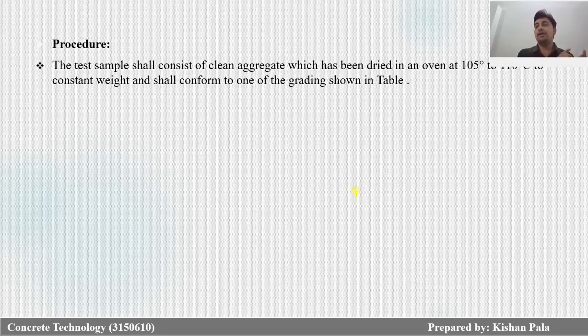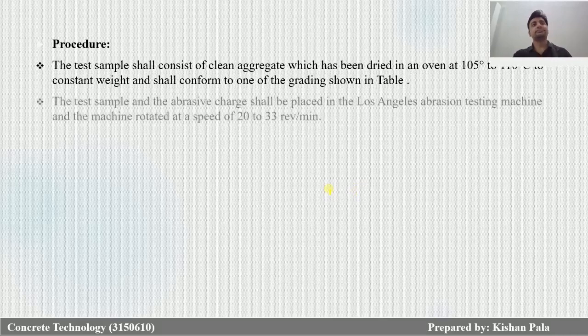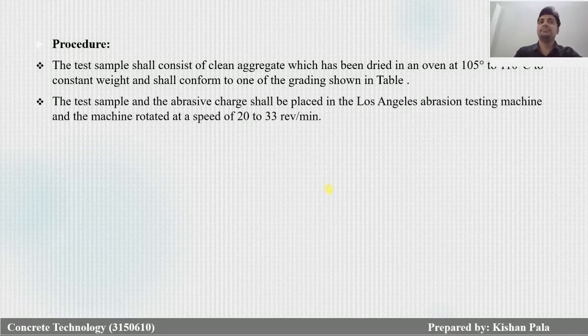Remember that we have taken the grade B sample, 2.5 kg plus 2.5 kg, and we have to add 11 spherical balls for grade B. The test sample and the abrasive charge shall be placed in the Los Angeles machine.